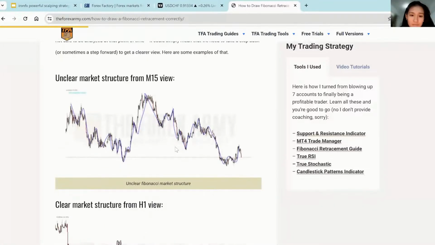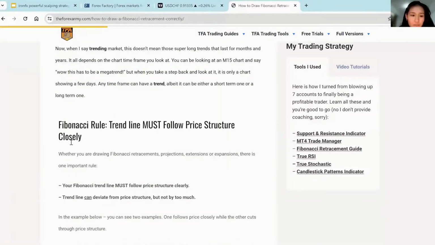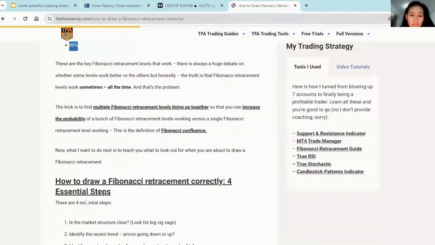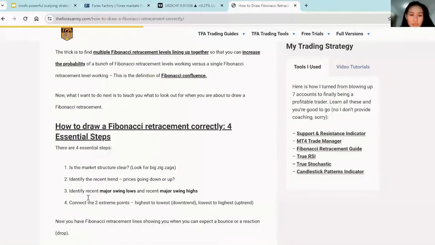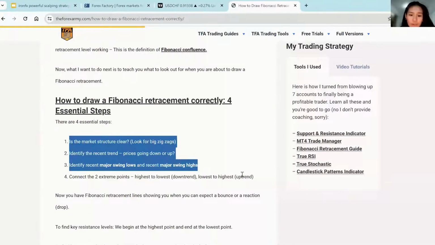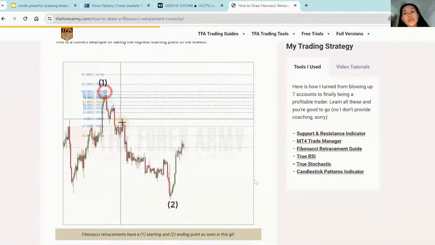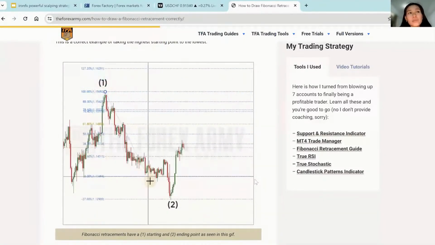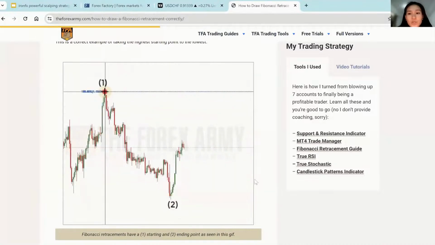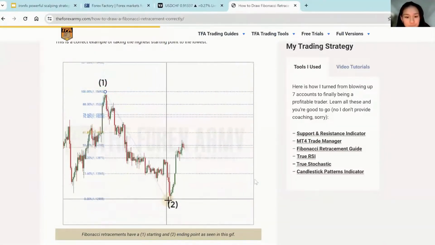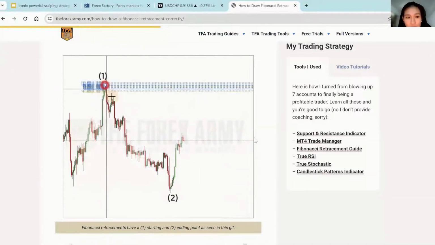These are the levels that you want to use for your Fibonacci retracements between the 0 to 100, along with some steps on how to draw a proper Fibonacci retracement. We get a lot more in depth on Fibonacci retracements during our Fibonacci webinar series, so stay tuned for those.